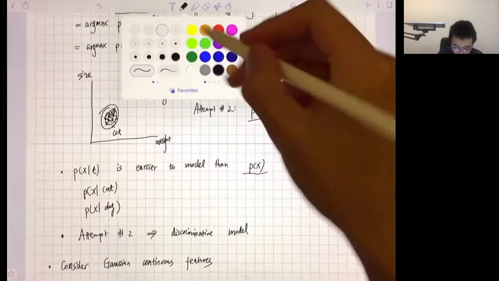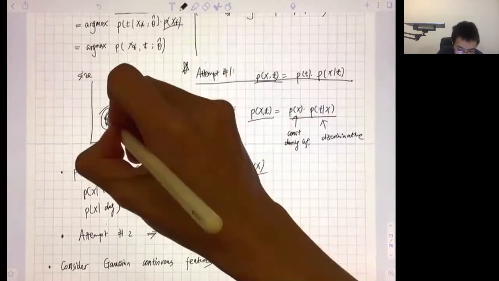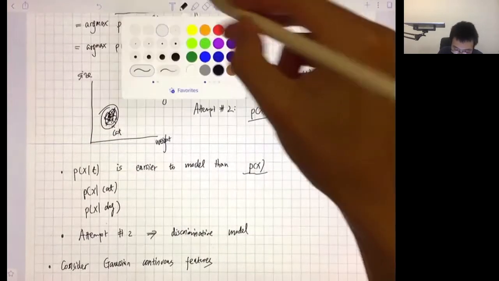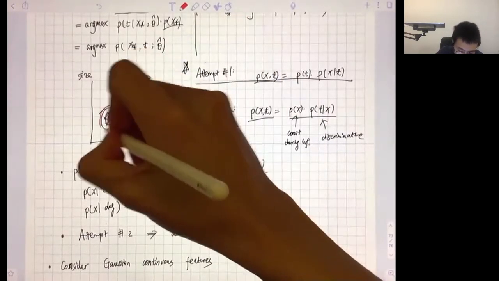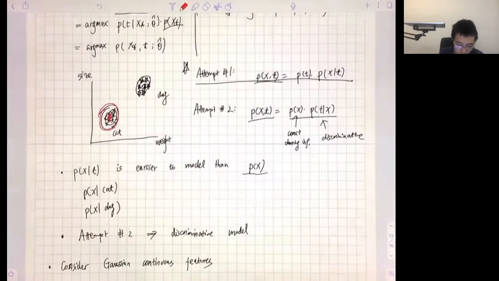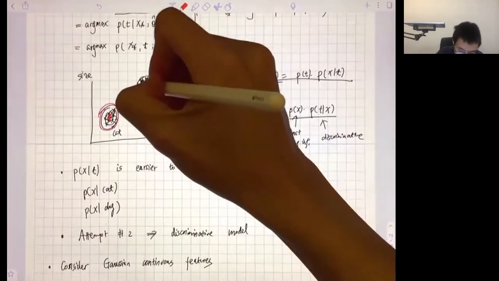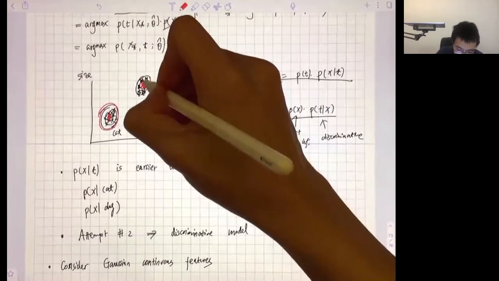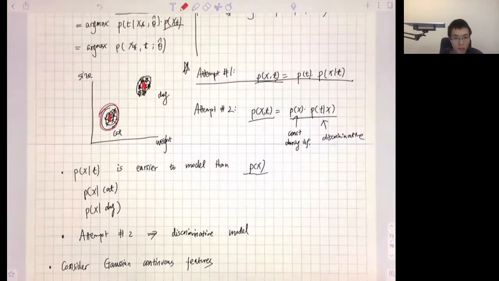And then the mean of the category cat is the average where you consider all the samples that are indeed cat, okay? And the class average of the dog is where you consider the samples that are indeed dogs, okay?